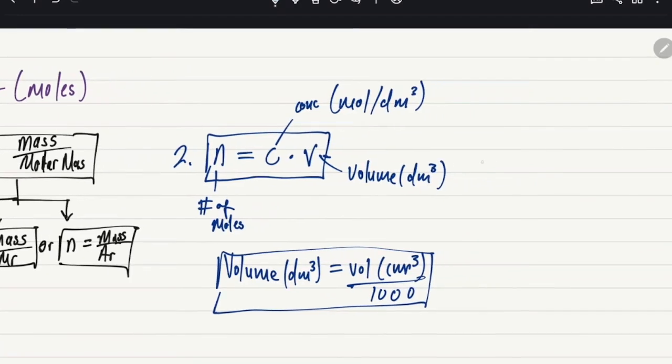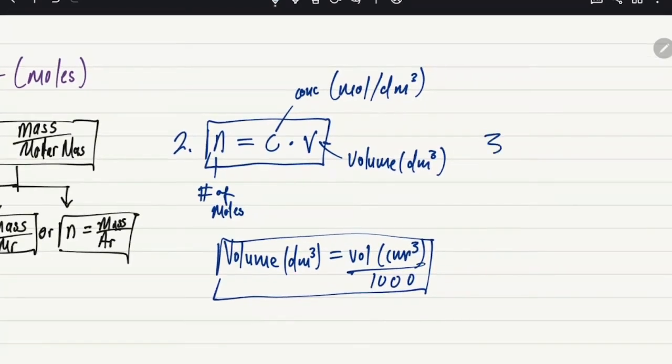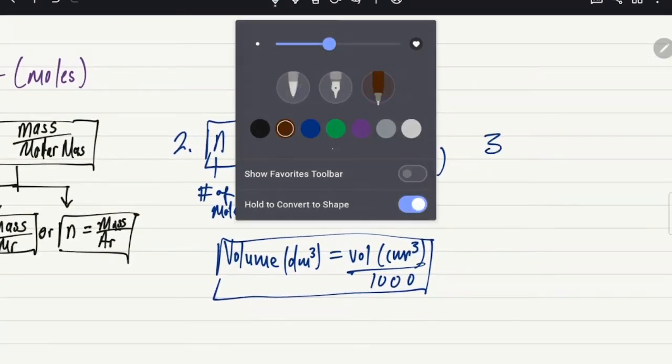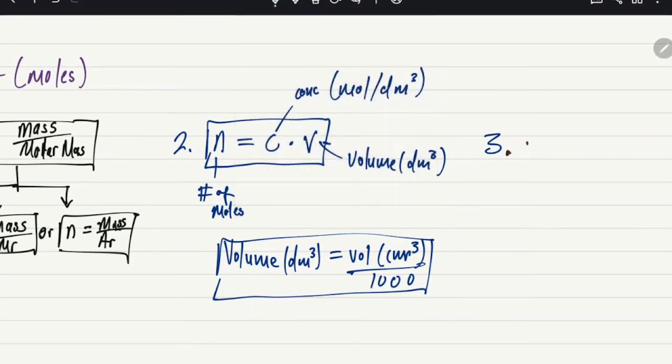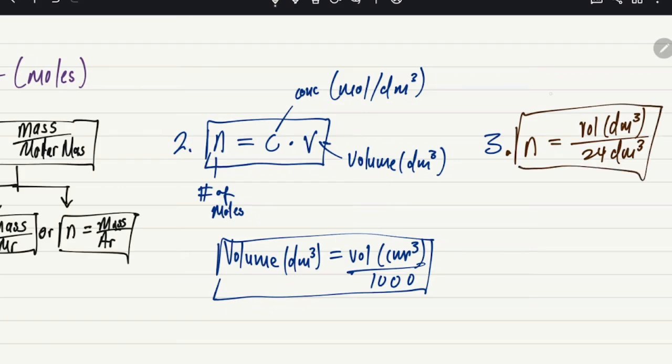Then number 3, the third way to find number of moles, is by saying number of moles is equal to volume in dm cubed divided by 24 dm cubed. Remember, if they give you this, you use it when you are at RTP.